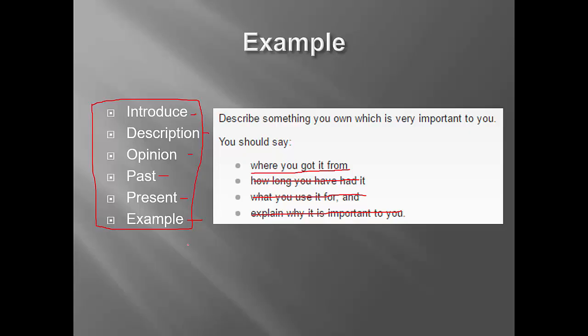So let me start off with this. Introduce, then I'm going to describe it, then I'm going to give my opinion, talk about the past, present, and an example. Okay, so today I want to talk about my laptop. My laptop is an Asus, and it is something called an Ultrabook. So Ultrabooks are a laptop which is very portable, but it's also very powerful.